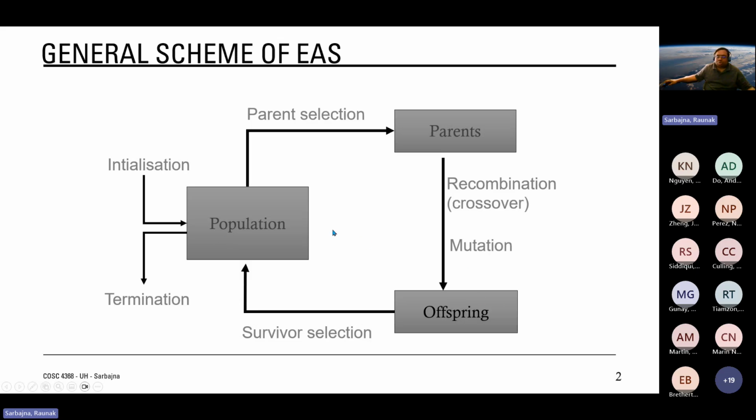So one part we haven't talked about till now is the initialization and the termination part. How do we start our genetic algorithm, and how do we know that we have reached the end of it? I talked about this yesterday.